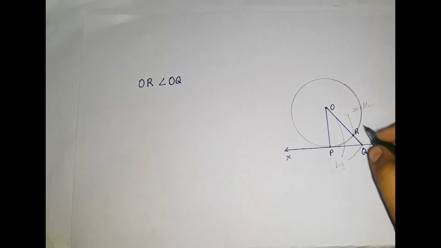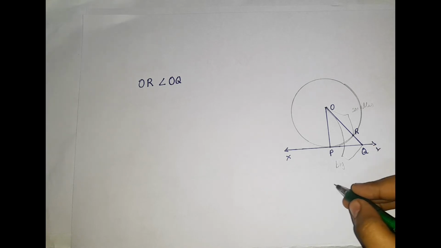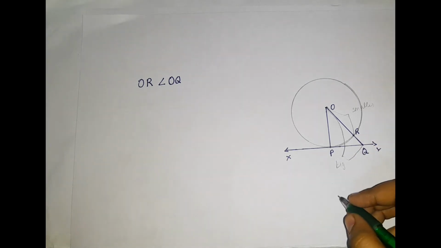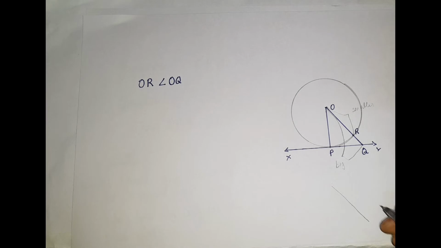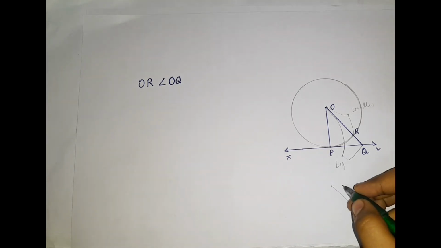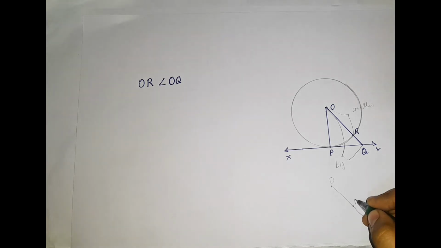So for example, there is a line. I have a question for you guys. Here OR and OQ: which is the smallest one? I'll mark it like this also.